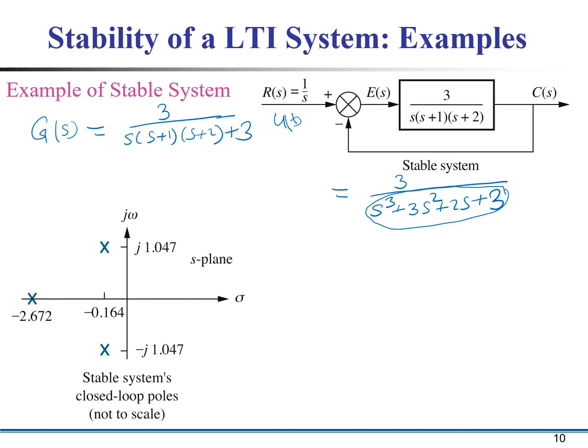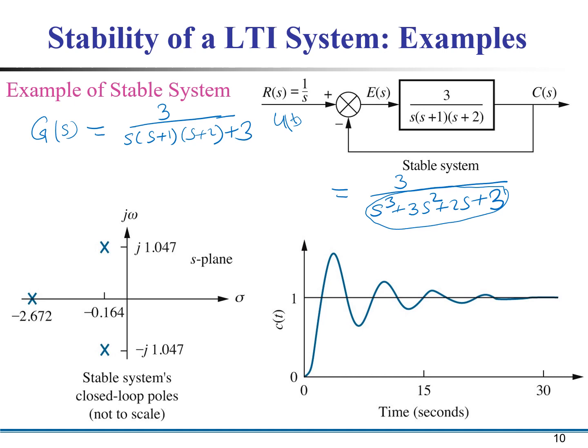The response of this system will be a bounded output because the closed loop system is stable, and the output of the system will be somehow like this. So initially we are looking that in the transient stage there are some oscillations. So this is the natural response. But what will happen? This natural response will converge to 0, and the forced response, like u of t, which was 1.